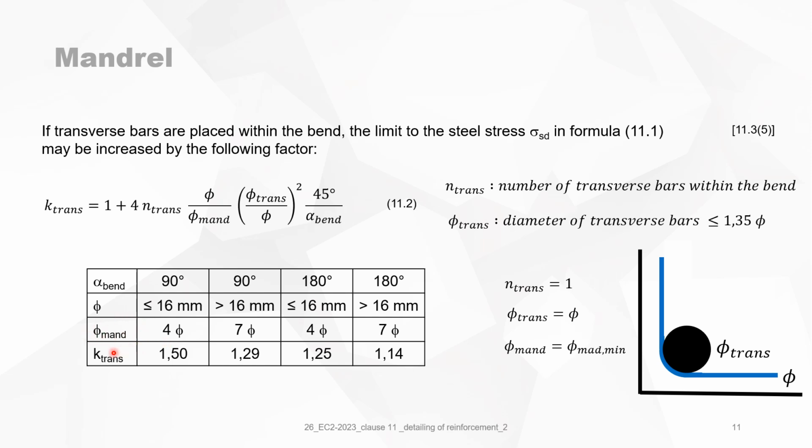And then we know that the minimum mandrel diameter equals the mandrel diameter. So that means 4 phi, 7 phi, 4 phi, and 7 phi. And then you can easily calculate the factor K transverse, and you see it will come to 1.5, 1.29, 1.25, and 1.14. So what will be the effect on the sigma sd, like we've calculated in the previous slides and videos?